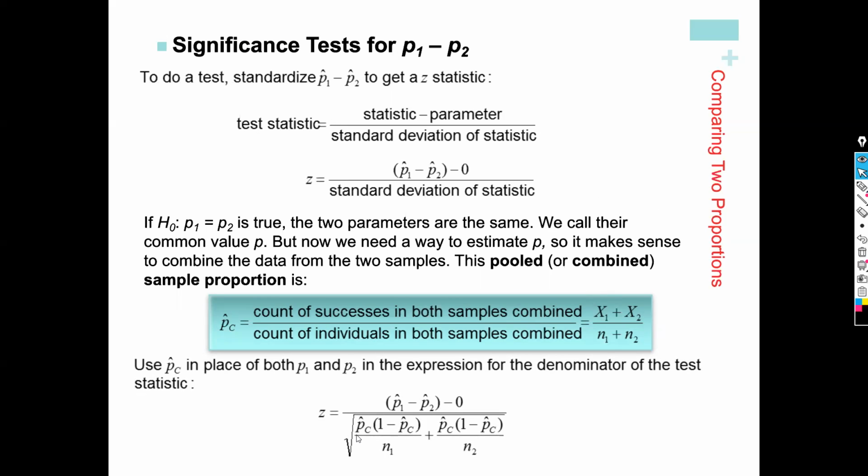So in our standard deviation formula, we're going to use this pooled proportion in our calculation for standard deviation. We're not going to use p hat 1. We're not going to use p hat 2. And same thing when we check the normal condition. We're going to use this pooled proportion, and it's going to be p hat sub c, is what we're going to use and what the calculator is going to use.